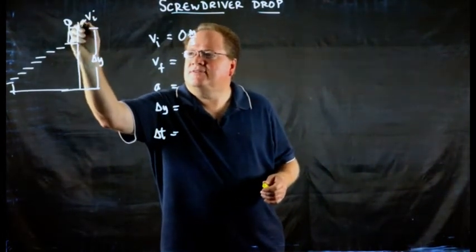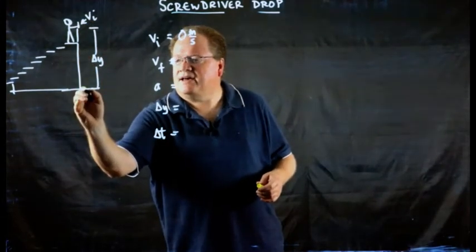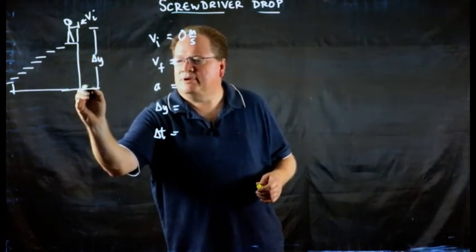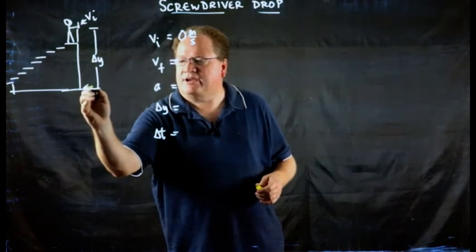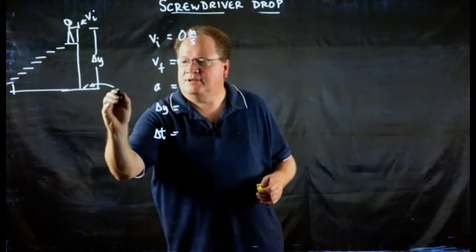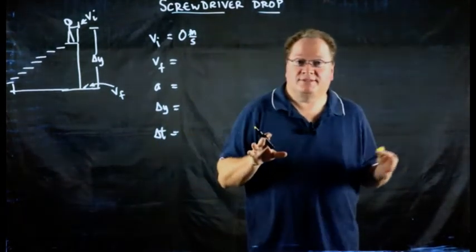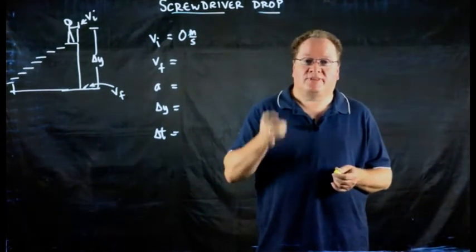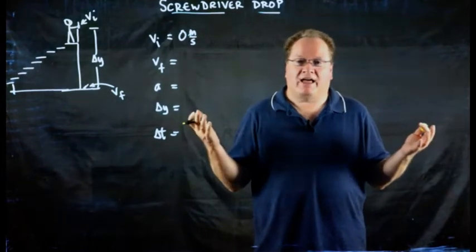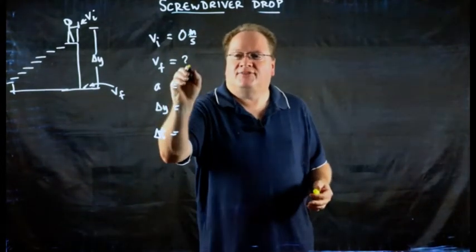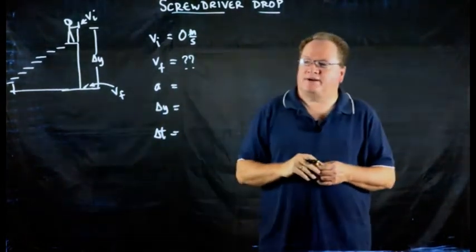My VF would have been the speed the moment the screwdriver hit the ground. Did I know how fast it was moving the moment it hit the ground? I had no way of knowing that. So I'm just going to put a couple question marks there.